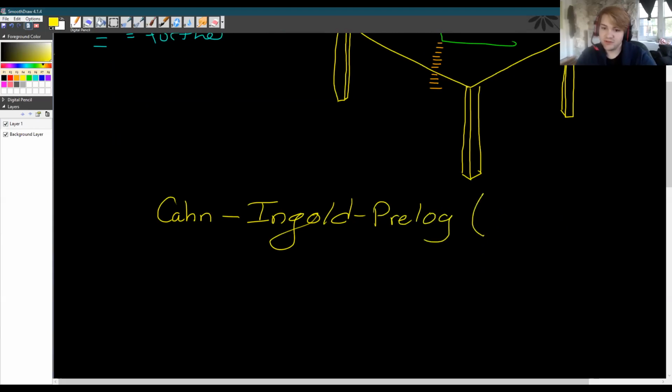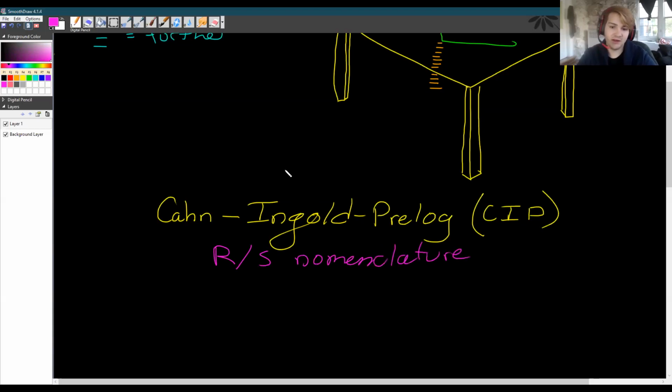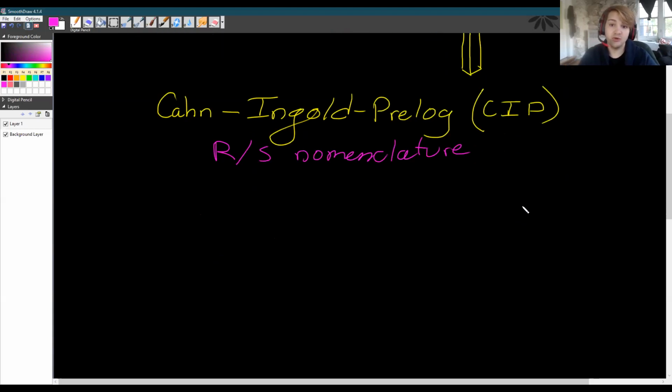A lot of times you'll just see this called the CIP system, and a lot of times you'll hear it referred to as the R and S nomenclature, but they all mean the same thing. They're all describing a way of describing molecules universally. And the Cahn-Ingold-Prelog system relies on chirality.